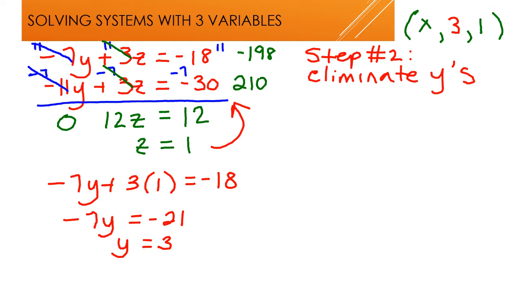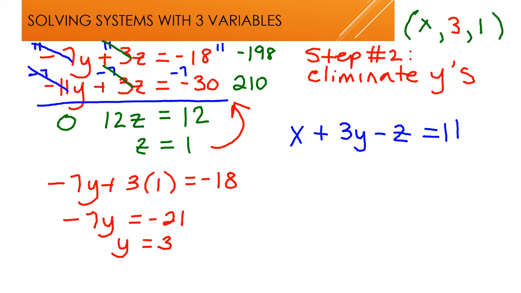Okay. Now what I need to do is go back to one of the original equations. In the original equation, let's use the one that was x plus 3y, because I'm trying to solve for x, right? So I'm going to use the easiest equation I see, which is the x where it's by itself.